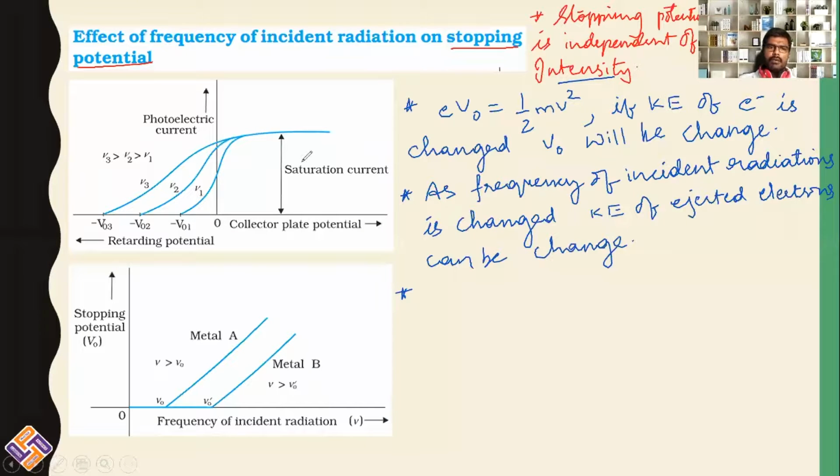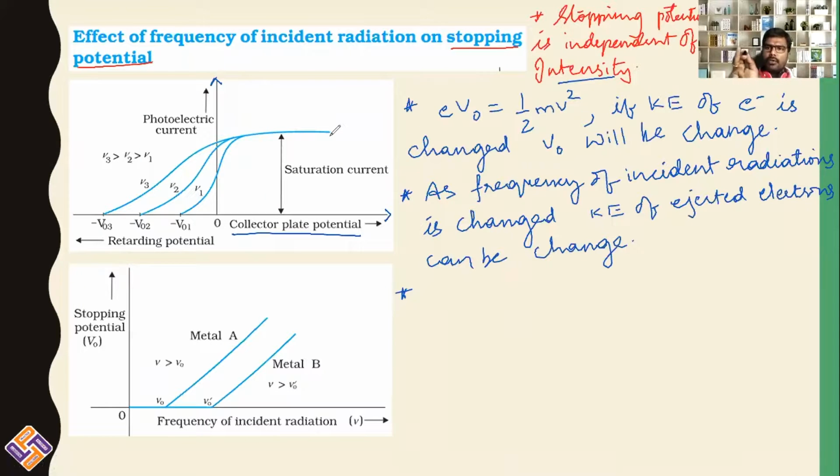Right? Now, we are taking potential on the x-axis and photocurrent on the y-axis, and we are providing radiations of different frequencies. Whatever the frequency, once the electron is ejected, for positive potential that electron will definitely be pulled towards the anode.